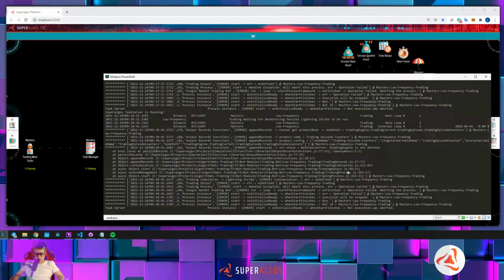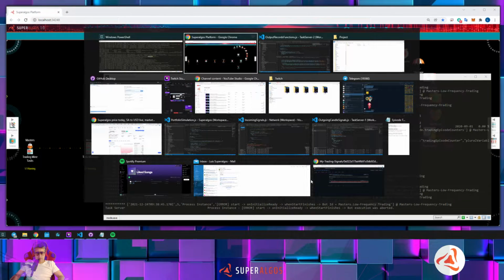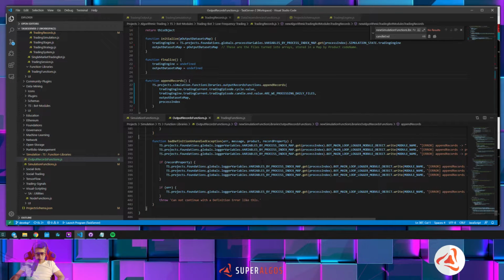Almost. Trading engine is not defined. Output record functions, line 77. You were supposed not to have this trading engine.